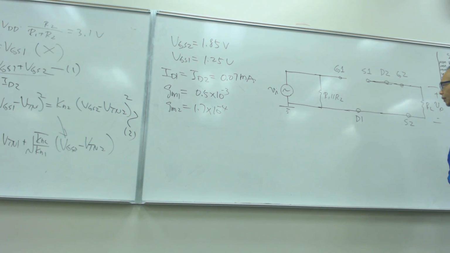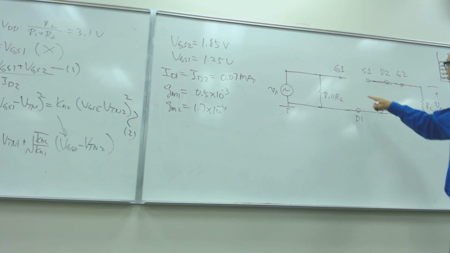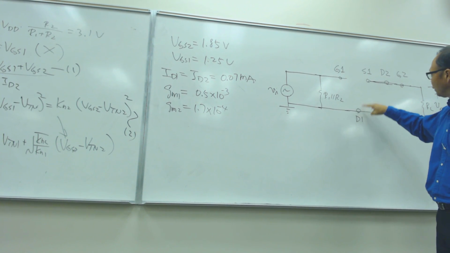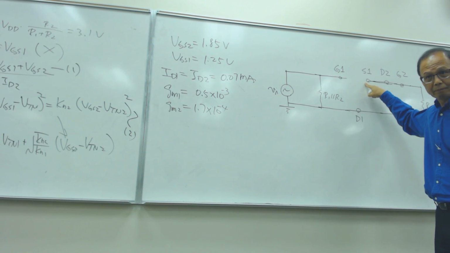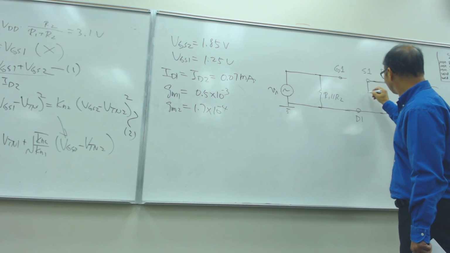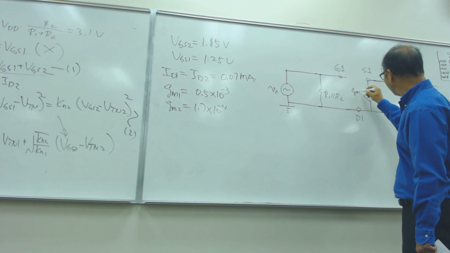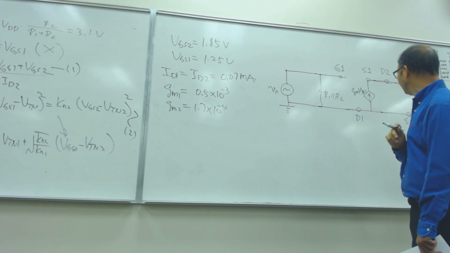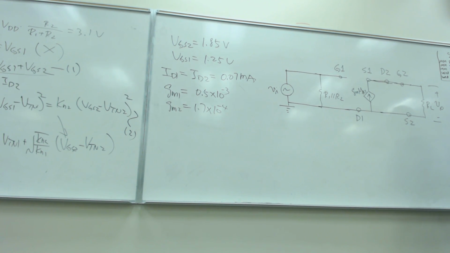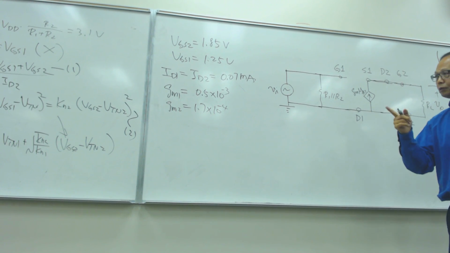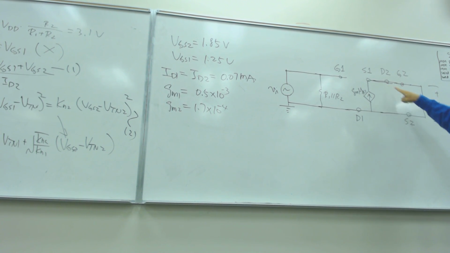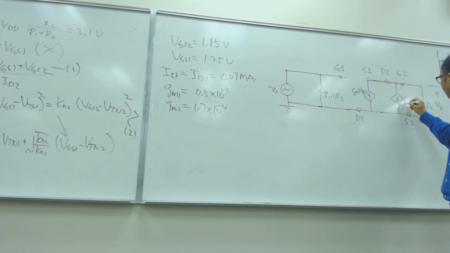Then for the model, for M1, from drain to source there's a current source, right? You always flow from drain to the source. So this is GM1 VGS1. Yes? And then for M2, drain to source, GM2 VGS2.